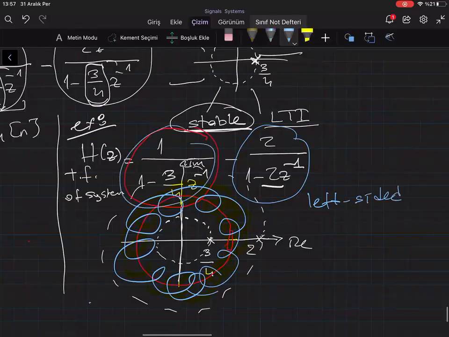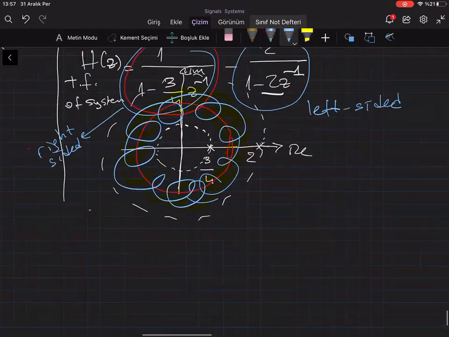This one should be right-sided. One of them will be outside, right-sided, the other should be left-sided, so that their intersection will include the unit circle. Is this understood?